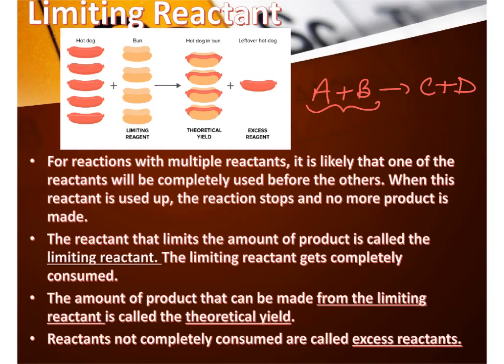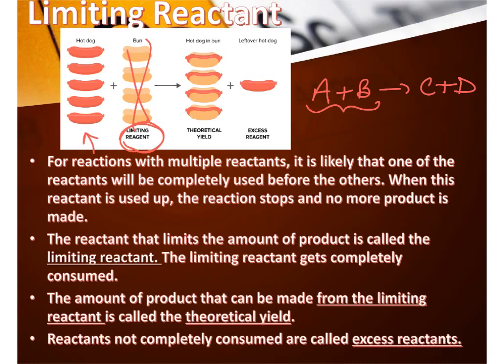It turns out though that the reactant that's in deficit, the limiting reactant, the one that's going to run out first, is going to determine how much product you can make, right? Because as soon as you run out of the limiting reactant, the reaction stops. It can't keep on reacting and making product with only one reactant.